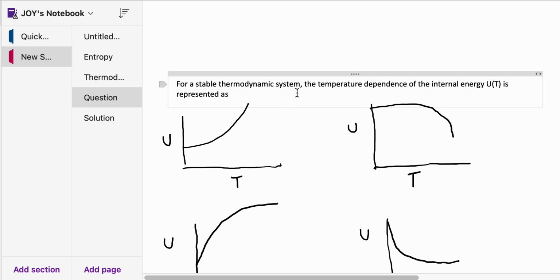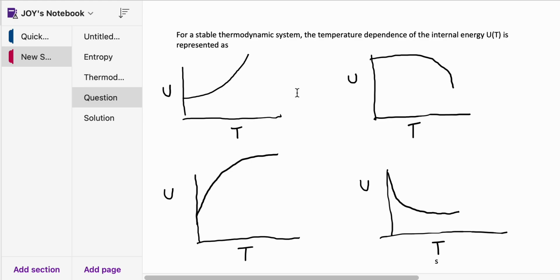So the last problem of this tutorial is that for a stable thermodynamic system, the temperature dependence of the internal energy U(T) is represented as follows. It is saying that a thermodynamic system in a stable configuration is going towards stability.